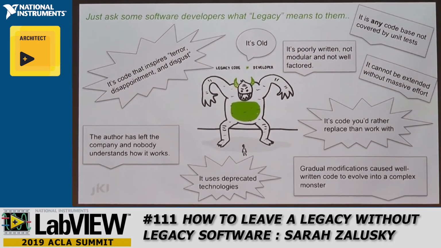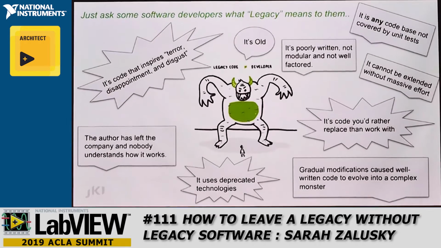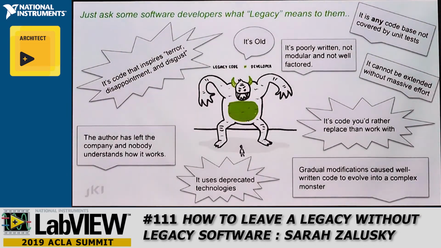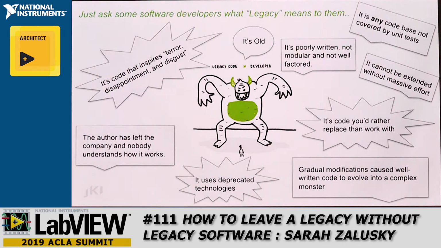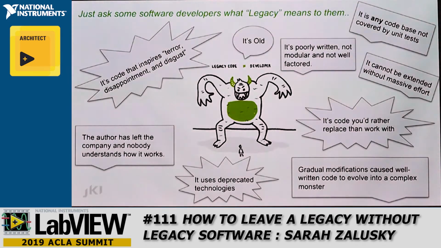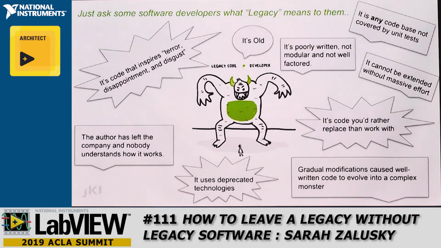It's code that might be old. According to Michael Feathers, it's any code base that's just not covered by unit tests. It's code that might use deprecated technologies. Another commonality is usually the original author of the code is no longer accessible for you to ask questions. It's code that takes a lot of effort to change.